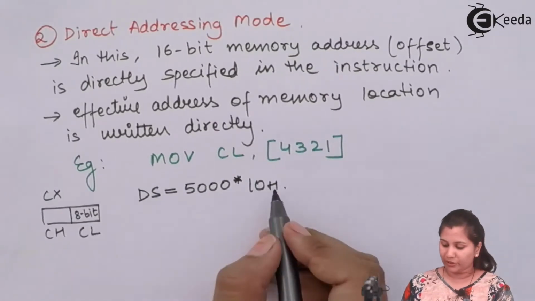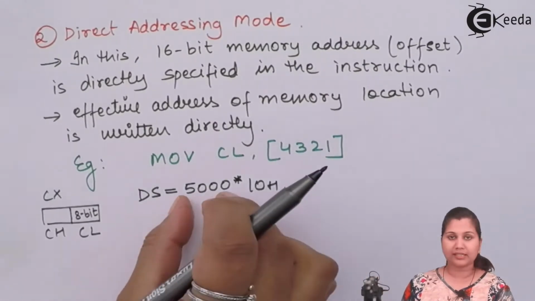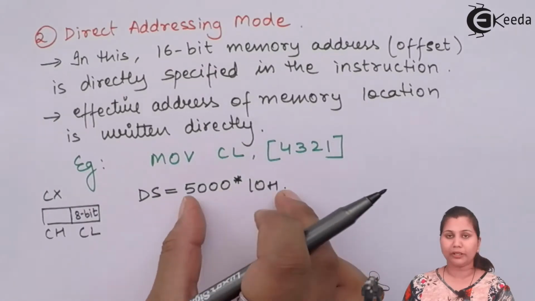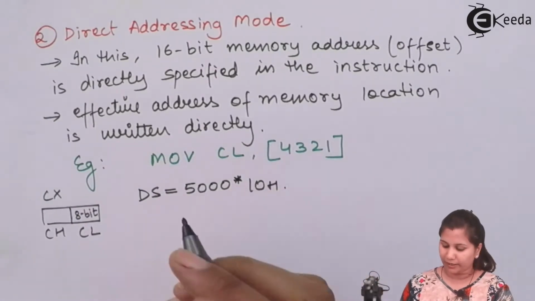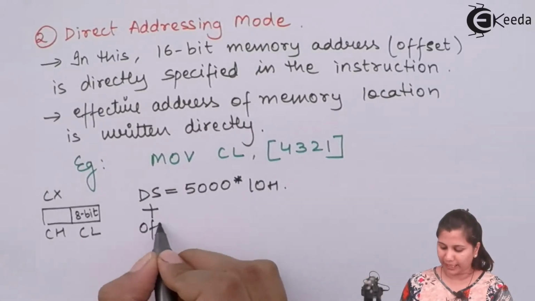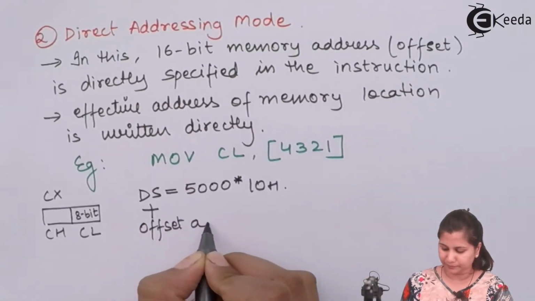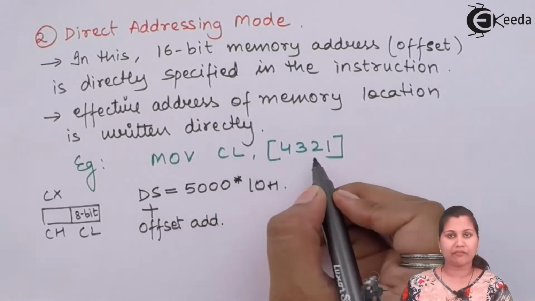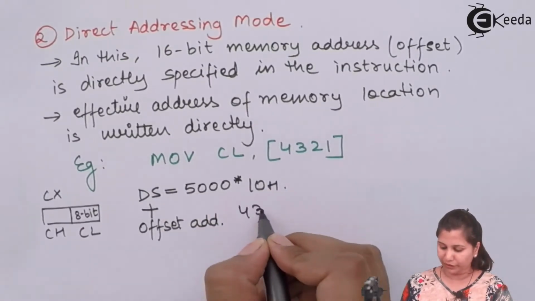When it is multiplied with 10H, the 16-bit address becomes a 20-bit address. Now to this segment address, the offset address will be added. The offset address is given in the instruction, that is 4321.